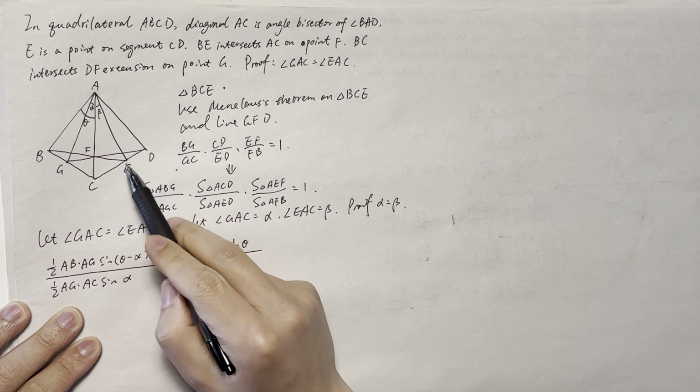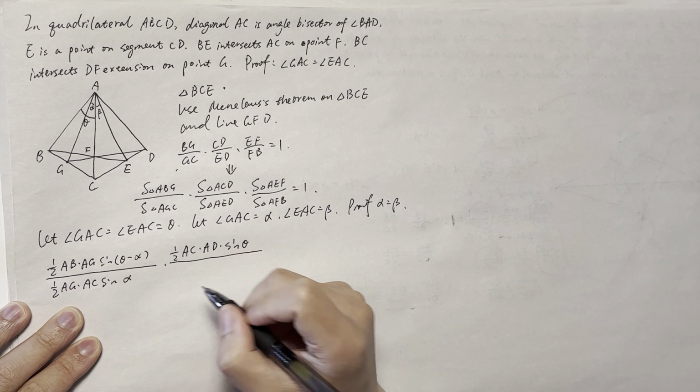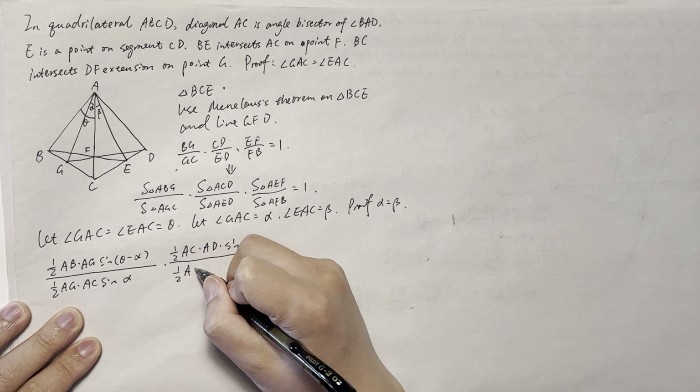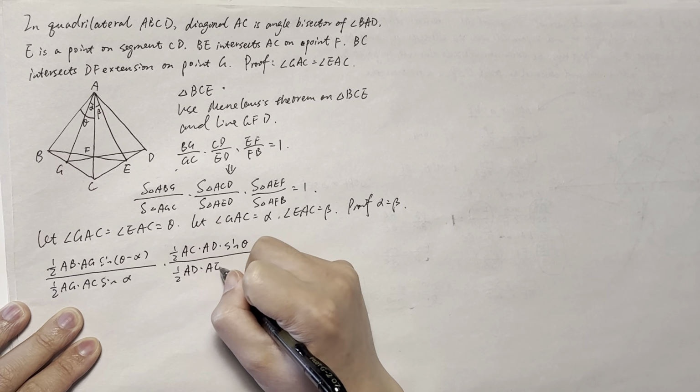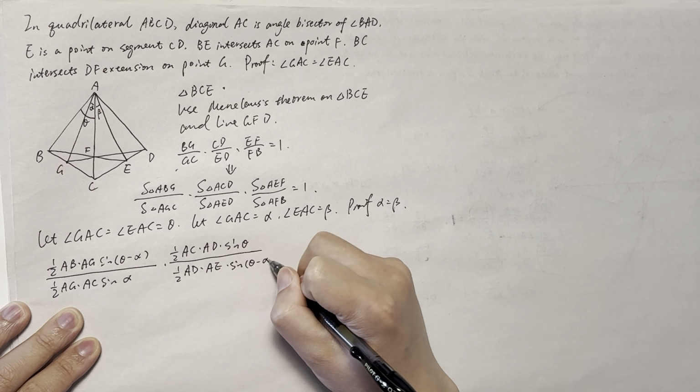And AED can be written as half AD times AE times sine of theta minus beta.